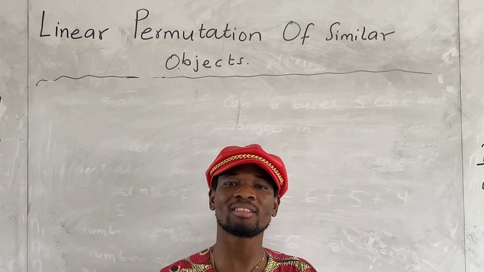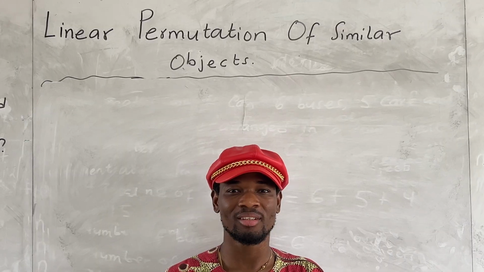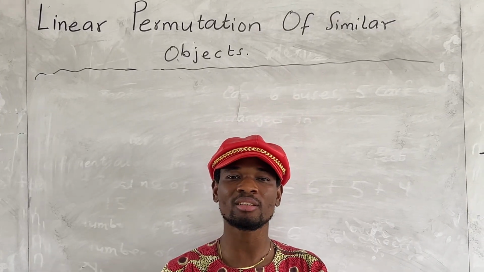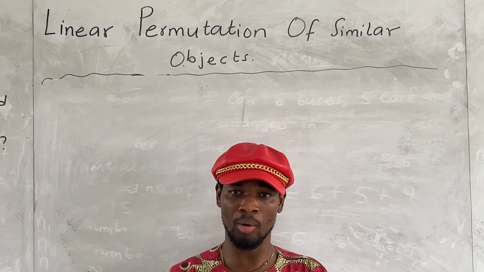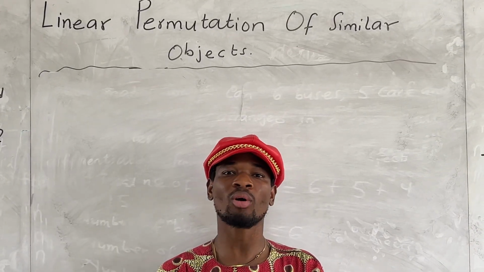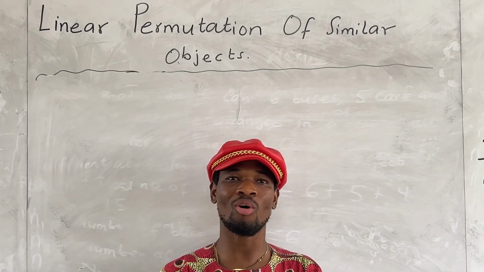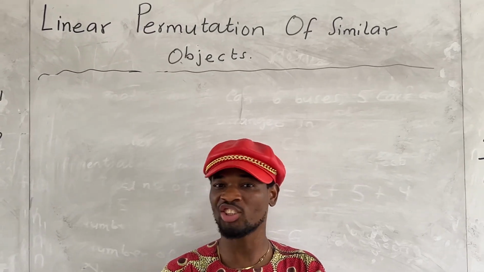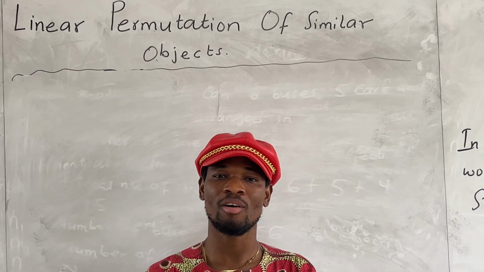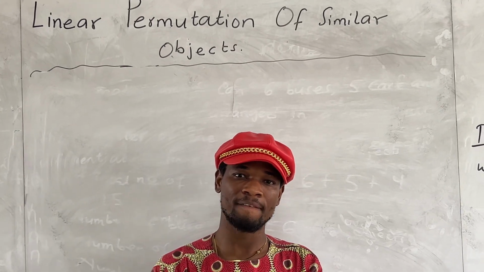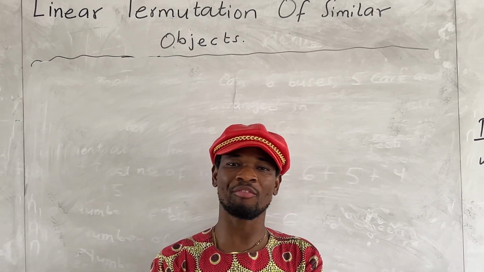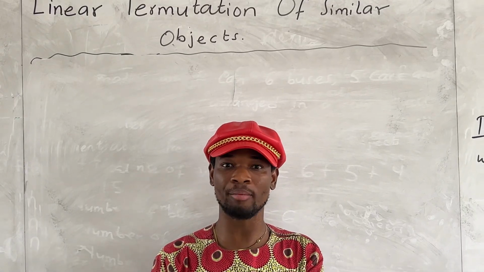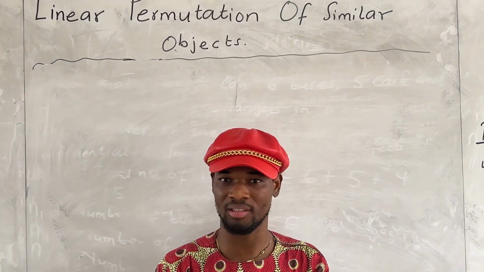We are going to end a video on linear permutations of similar objects. Here we are considering objects or a given set of items or data in a straight line, or in a linear form, where we have some number of items occurring more than once.